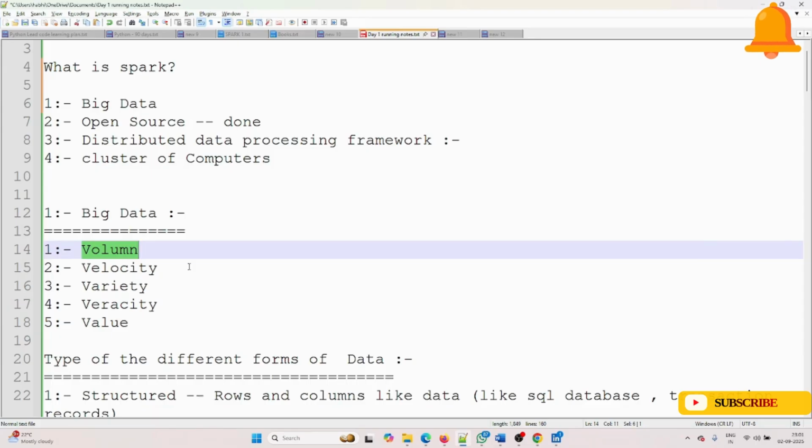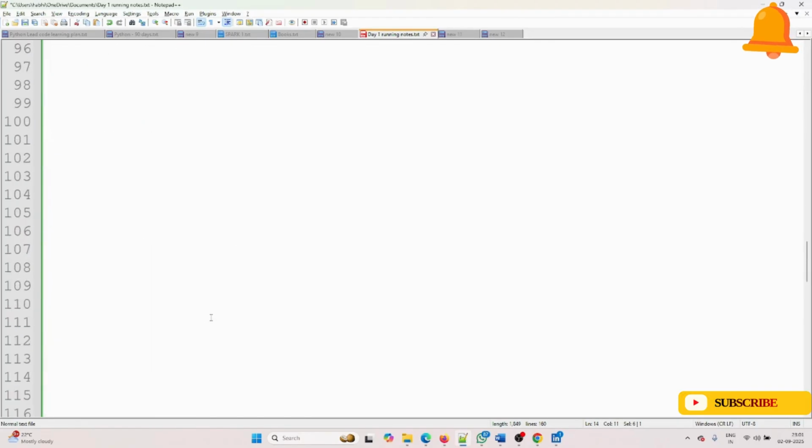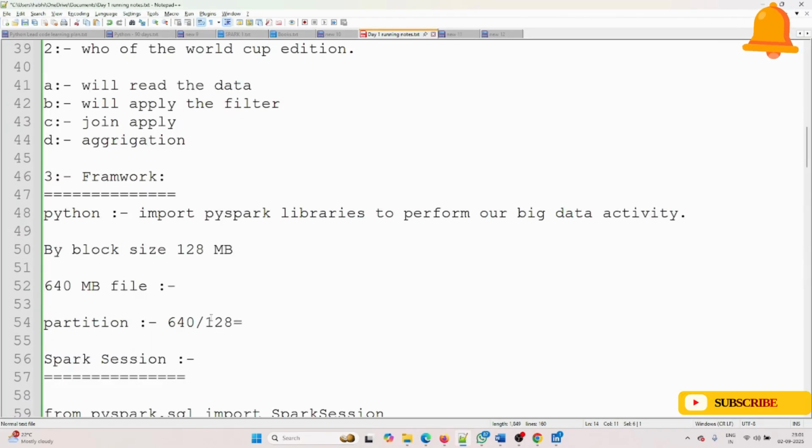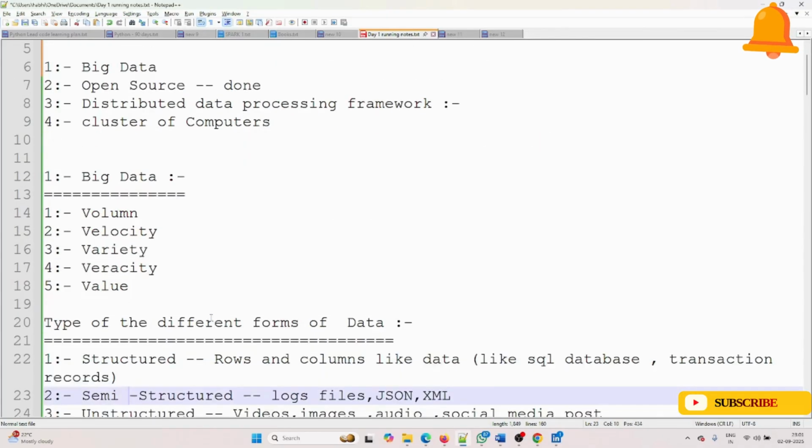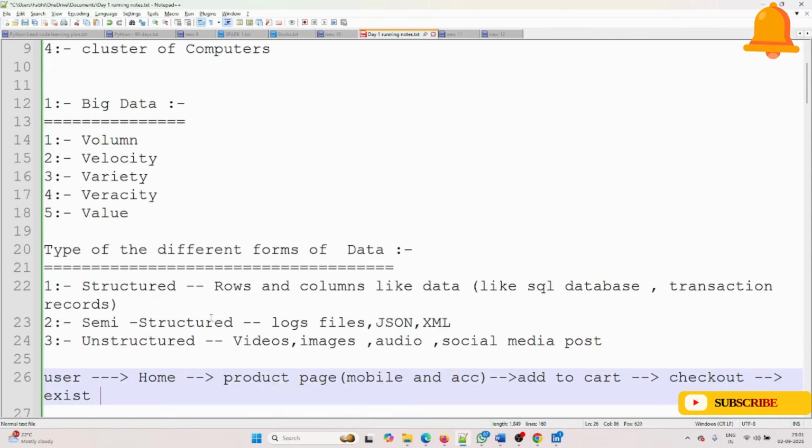Now I'm going to talk about variety, the types of data. Data comes in different forms, not just structured tables. There are structured form, semi-structured form and unstructured form.